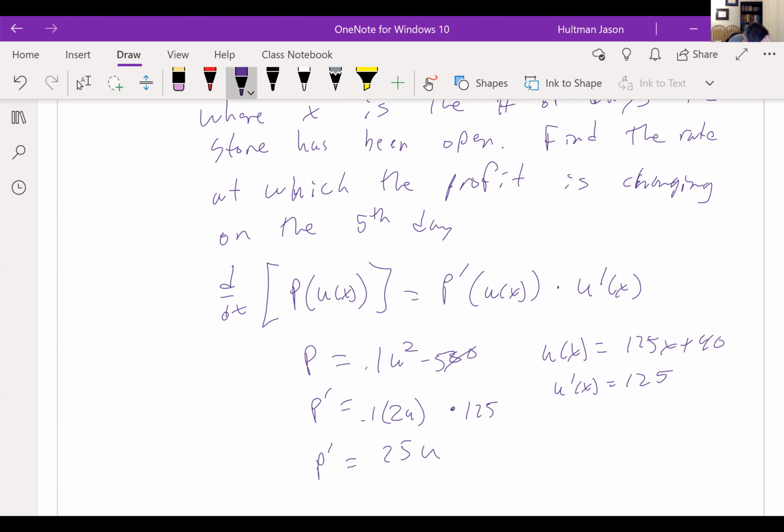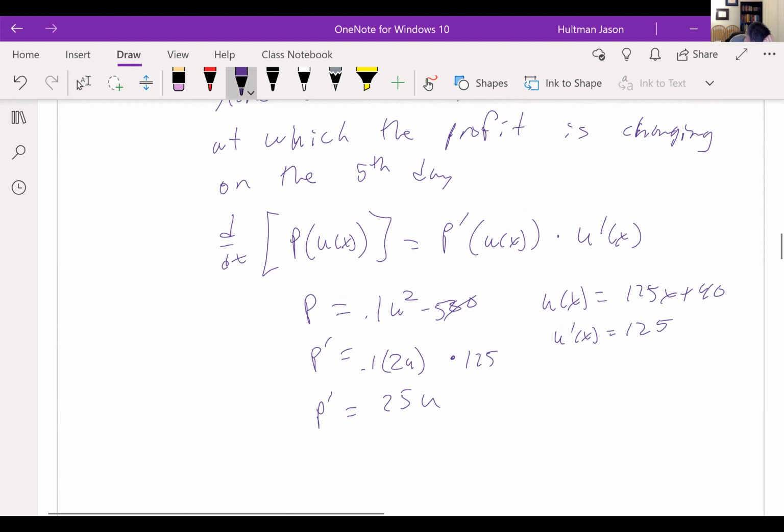Okay, but what is u? What is u in this case? Well, it's this original thing, right? So p prime is equal to 25 times, I want this in terms of x, because that's what the derivative was, d dx, is going to be 125x plus 40.